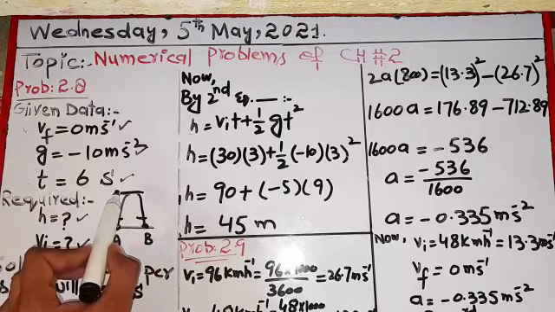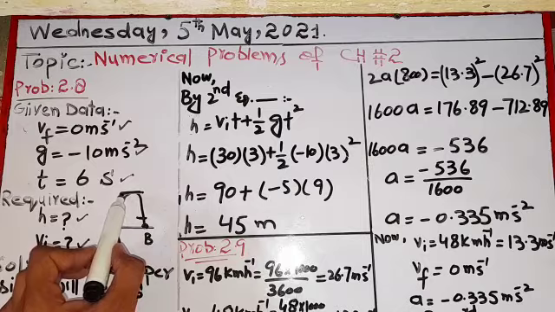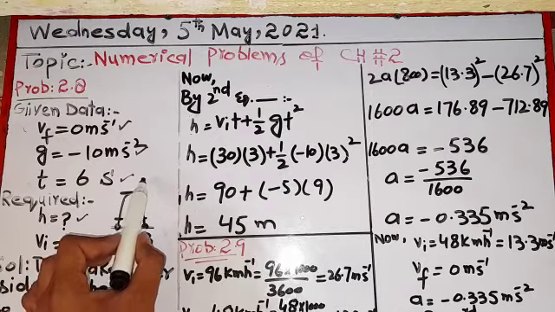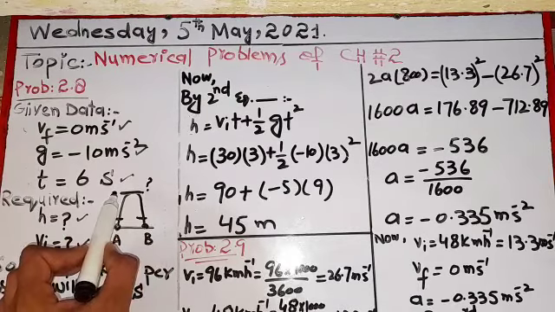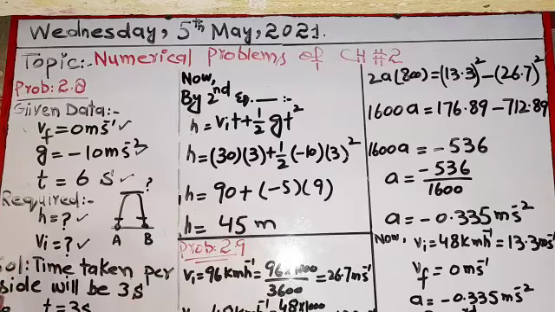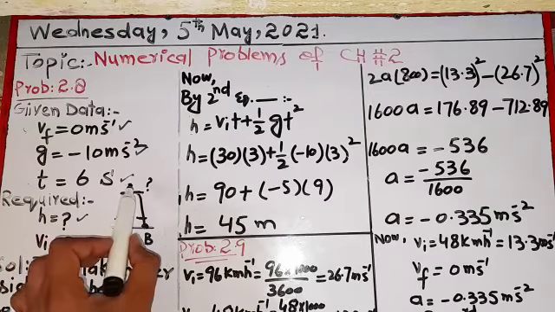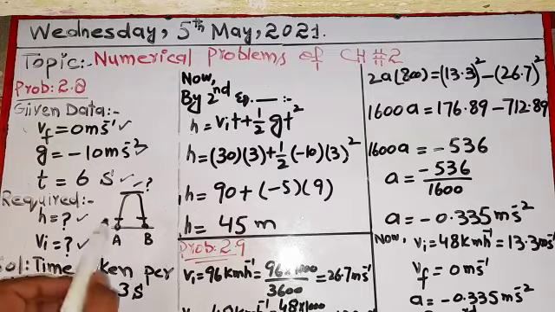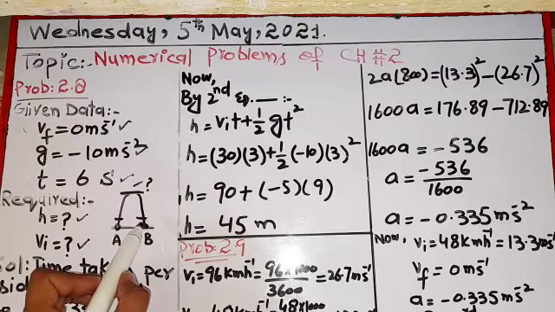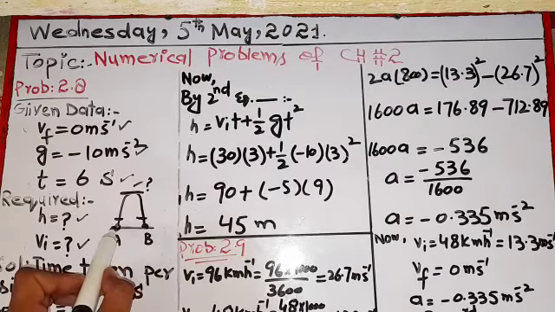At maximum height the final velocity of the ball will become 0. The total time is 6 seconds.